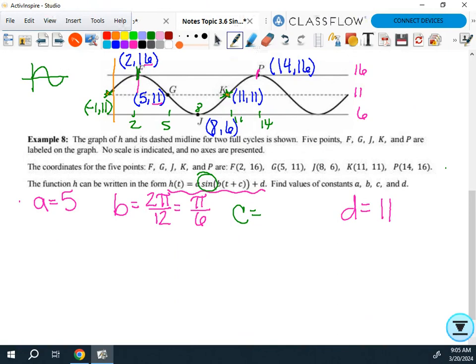Now here's where we've got to get our C values correct. And here's what I suggest you do, so that we don't get the negatives backwards. This is what they have in here, right? If I shift to the left 1, then what's in my parentheses would be t, is it plus or minus 1? Plus 1.